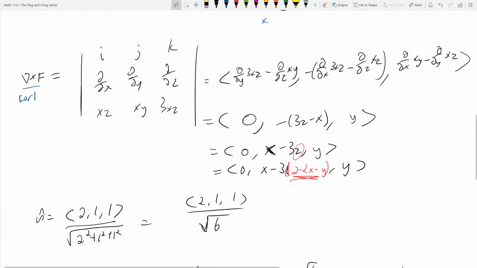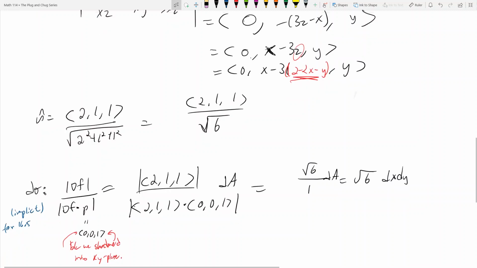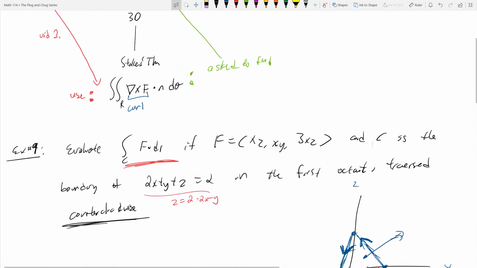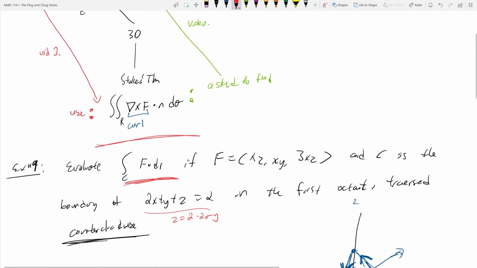Okay, so now I have curl of f, I have n hat, and I have d sigma. And now I just plug it into the equation.